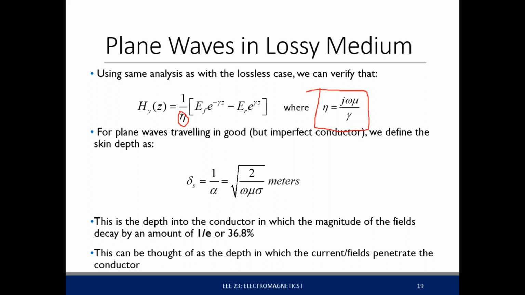Okay, now consider the case that our traveling wave is in a good but imperfect conductor. So it's imperfect. We define the skin depth as this: delta sub s equals 1 over the attenuation constant, which is the square root of 2 over omega mu sigma meters.